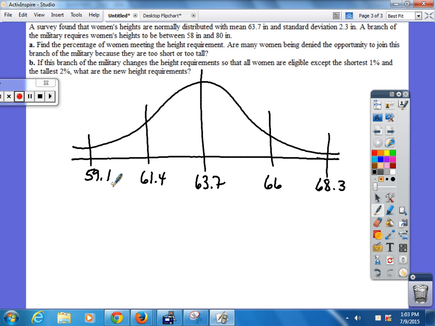Okay. Now, remember, what is this area? Remember your rule of thumb? I mean your empirical rule? This is 2.5%. This is 2.5%. This is, I can't remember, this is 34%. This is 34%. Somebody tell me what these two are.